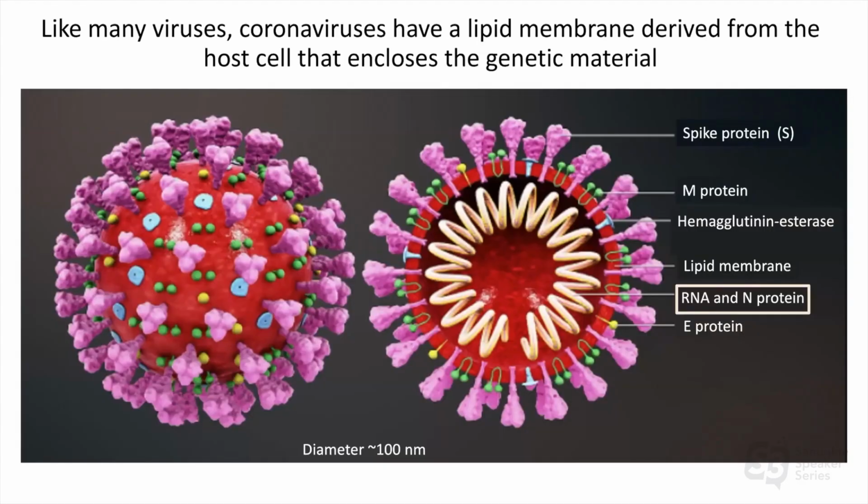Just like HIV and many other viruses, coronaviruses are enveloped viruses, meaning they have a lipid membrane that's derived from when they bud out of a membrane on the host cell. And that encloses the genetic material. For coronaviruses, that genetic material is also RNA, just like in the case of HIV. But there's a difference. Coronaviruses are, of course, not retroviruses. They do not make a cDNA copy of their RNA genome that integrates into the host cell.